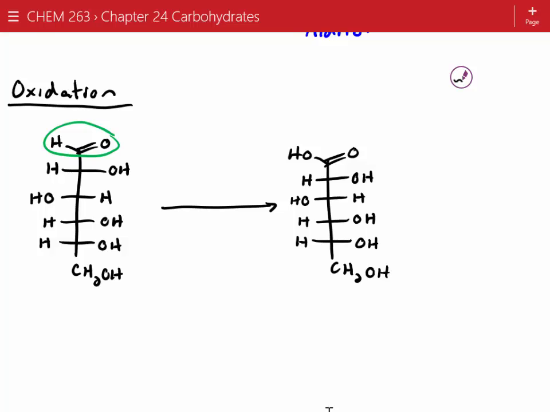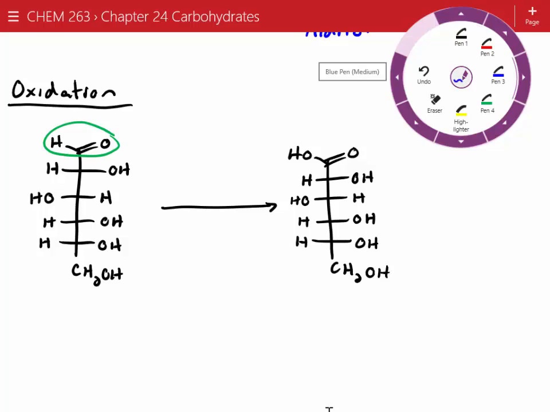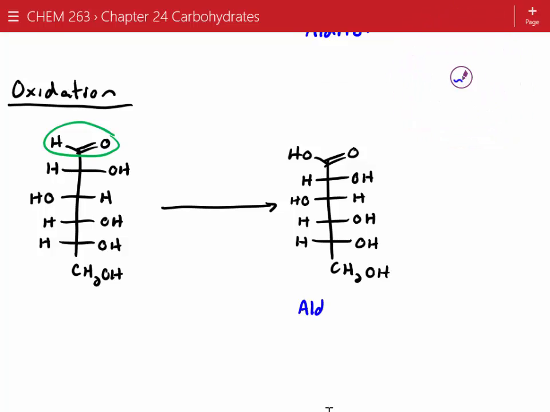So now we've got a useful functional group. And what these are called are aldonic acids. We started out with an aldose, and now it's a carboxylic acid, so aldonic acid.